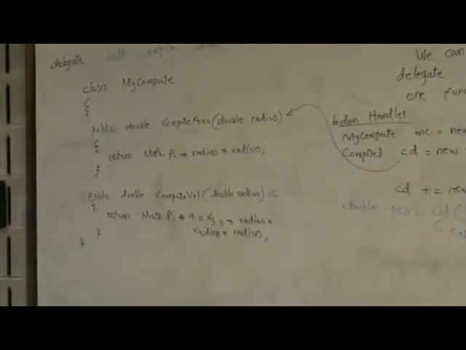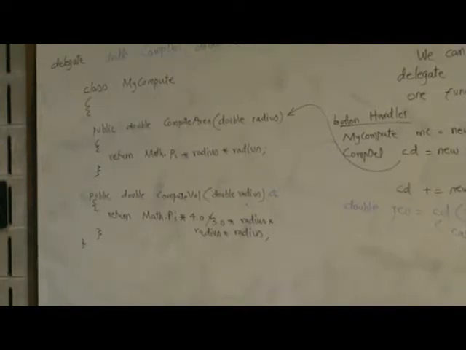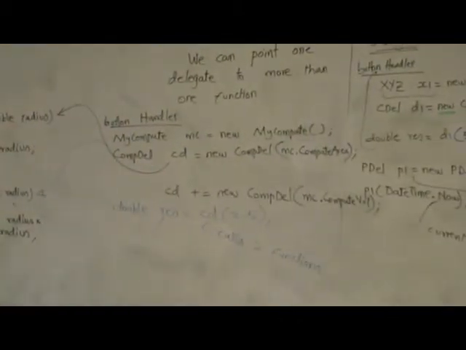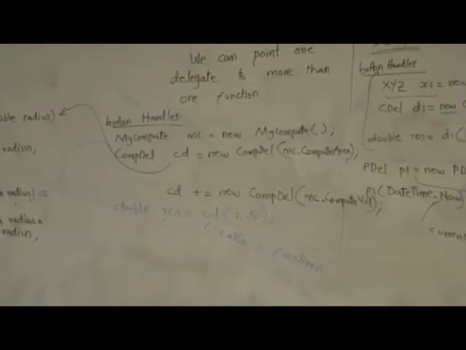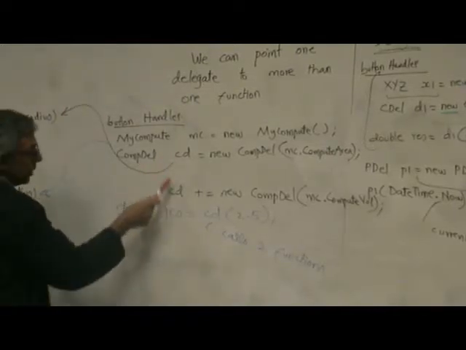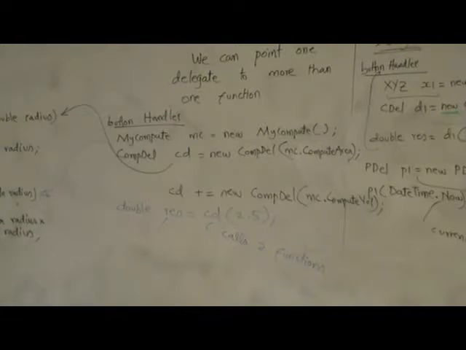Okay, so let me give you the rule. If you try to actually compile this, the code won't even compile. Okay, why? Because if we are pointing to two different functions and those functions return something different, this code doesn't make any sense. Okay, so you should remember our rule.